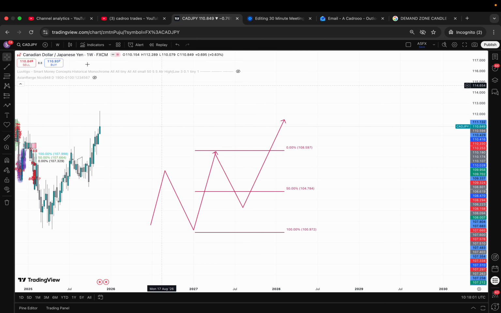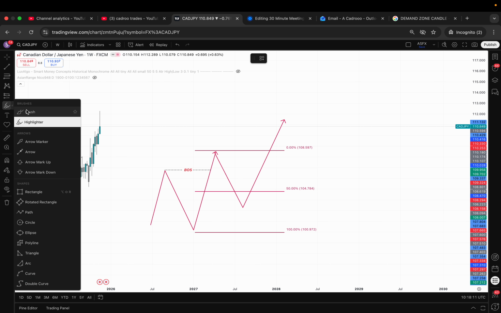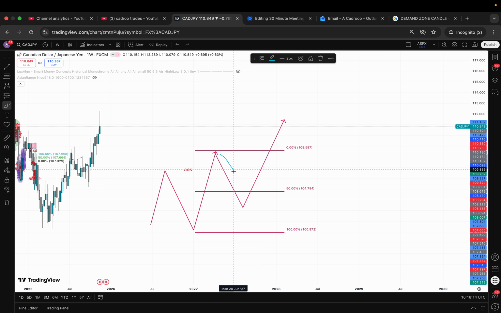That's why I said, whenever there's a break of structure, price is going to come back down. Price is going to come back down, which is called the retracement. Price is going to retrace back to the premium zone.